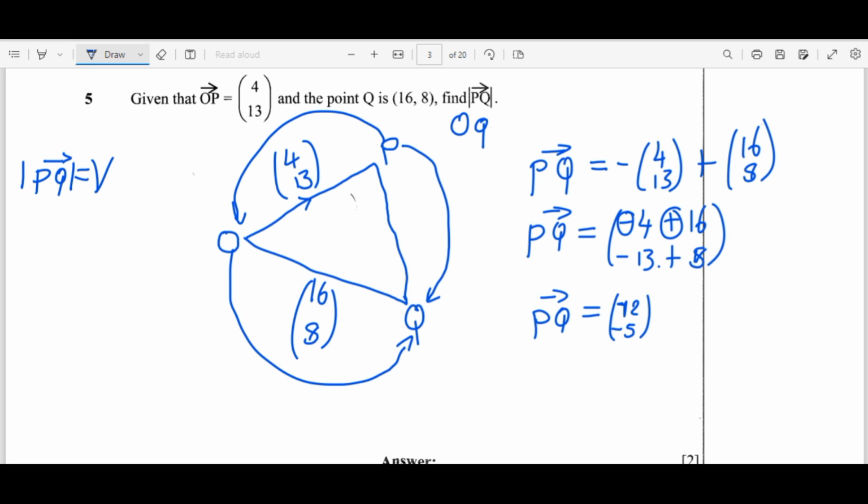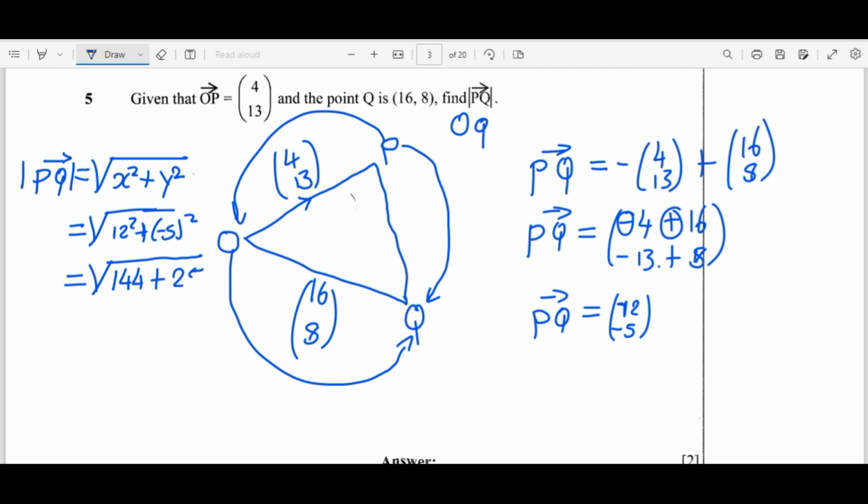So the modulus is just the square root of x squared plus y squared. So what's our x? The x is 12. So 12 squared plus negative 5 squared. 12 squared is 144, plus negative 5 squared is 25. The sum of these two numbers is 169.